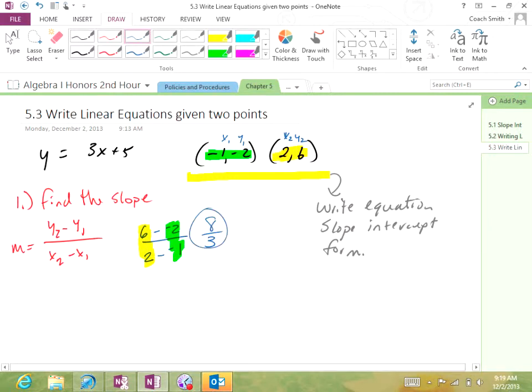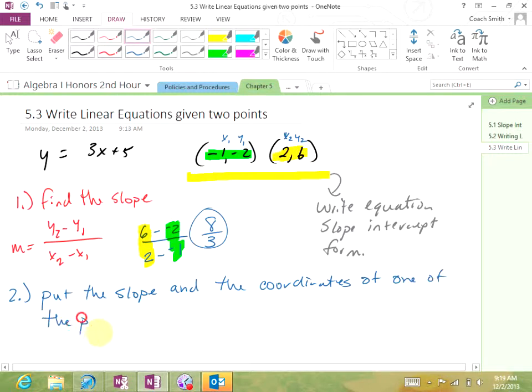So I'm going to take this, and the second step is to put the slope and the coordinates of one of the points into my slope-intercept form.